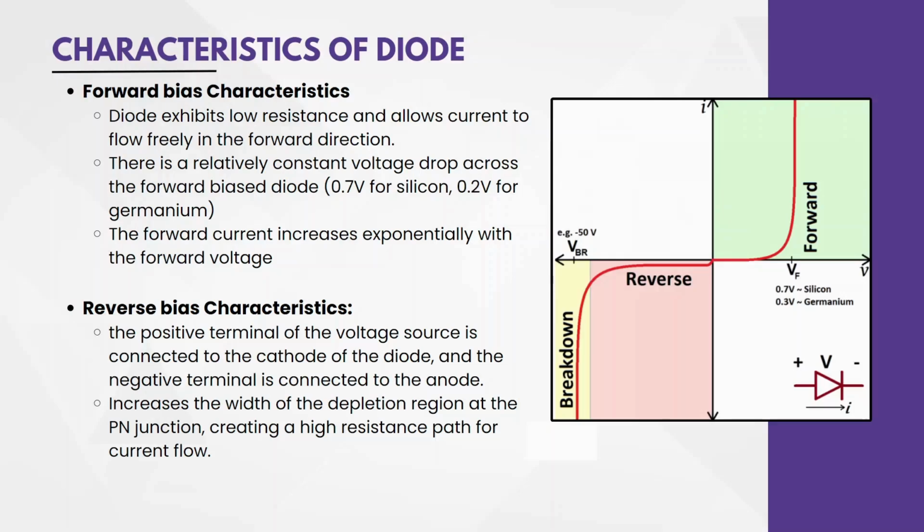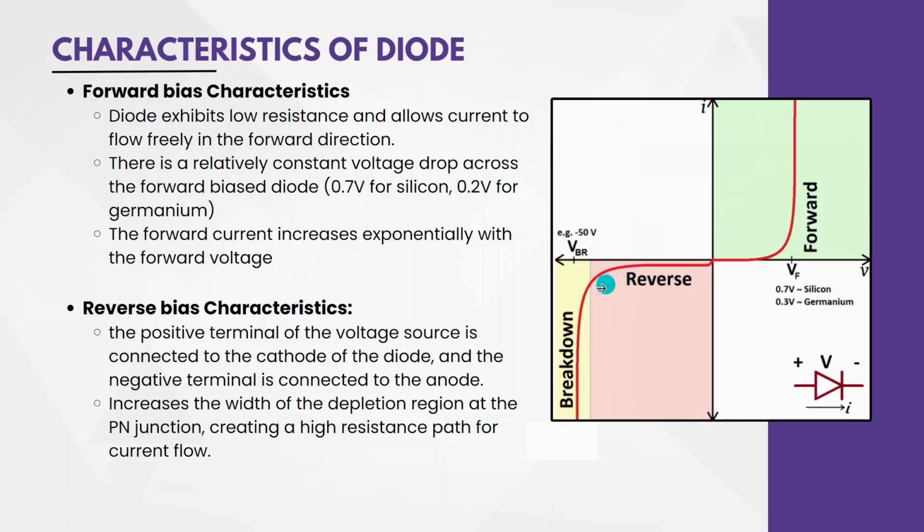So the characteristics of a diode vary when it is forward biased and when it is reverse biased. This graph explains that. So when a diode is forward biased, there will be low resistance and smooth flow of current. As the forward voltage increases, there comes a point where this current increases exponentially and it reaches its peak current.